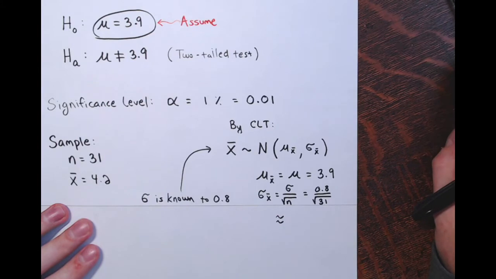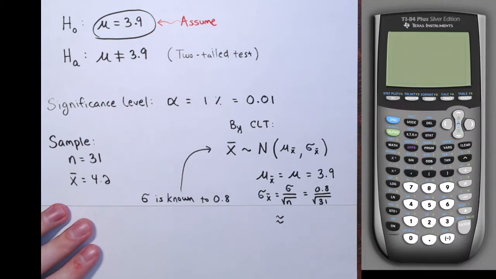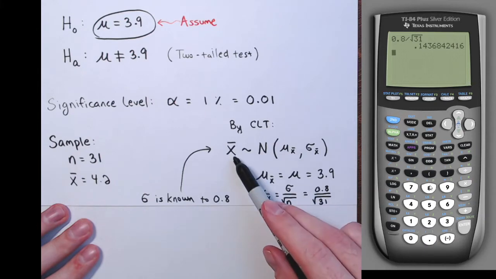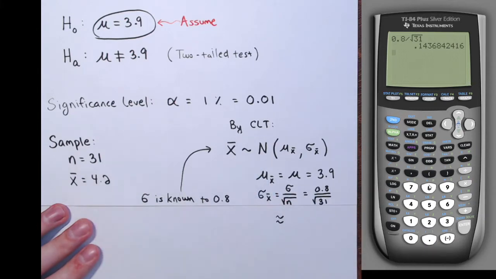Alright, so 0.8 divided by the square root of 31. So the standard deviation for the distribution of sample means for all samples of size 31 is approximately 0.14.